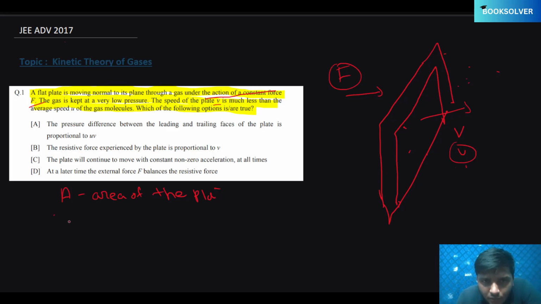If we write the number of particles, let's suppose n is the number of particles per unit volume. We have to multiply it with the volume present near this plate, so that we can get the number of particles that are colliding. So n is the number of particles per unit volume.